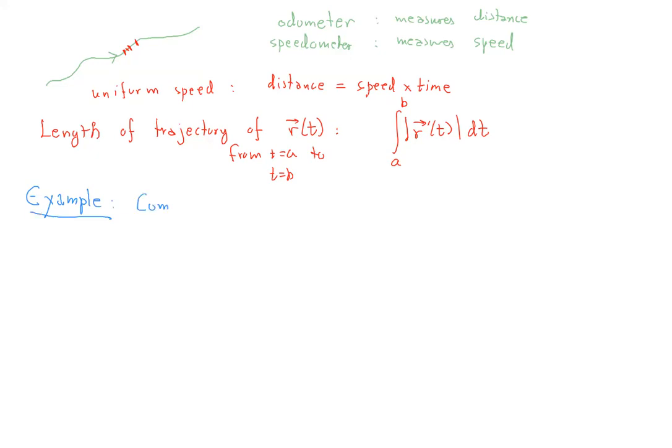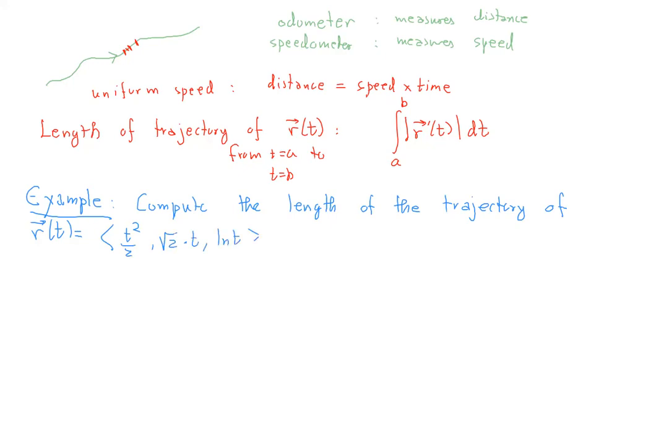Compute the length of the trajectory of r of t equal to t squared over 2, square root of 2 times t, and ln of t, from t equals 1 to t equals e.